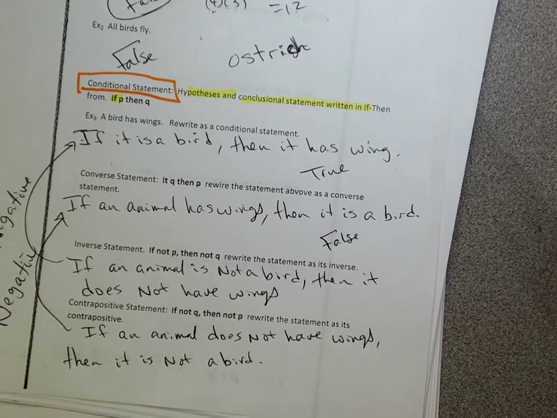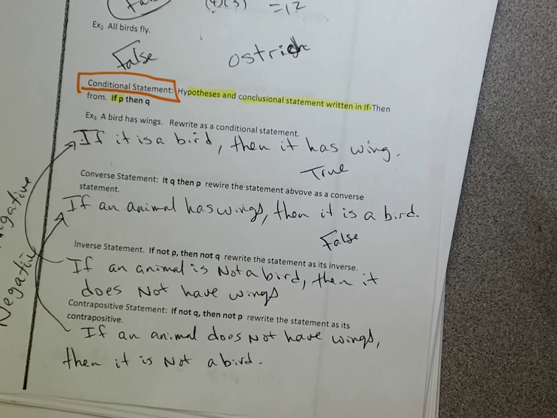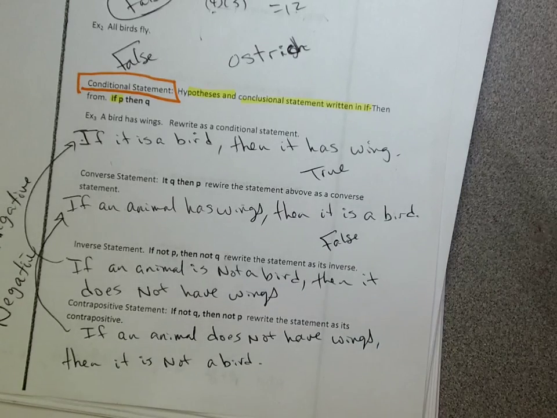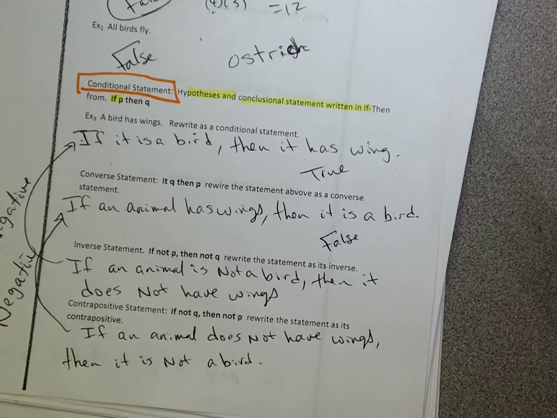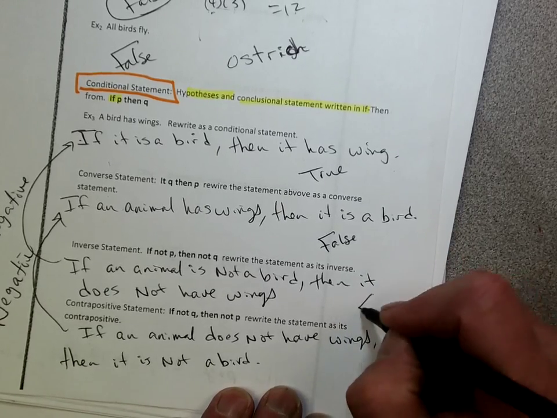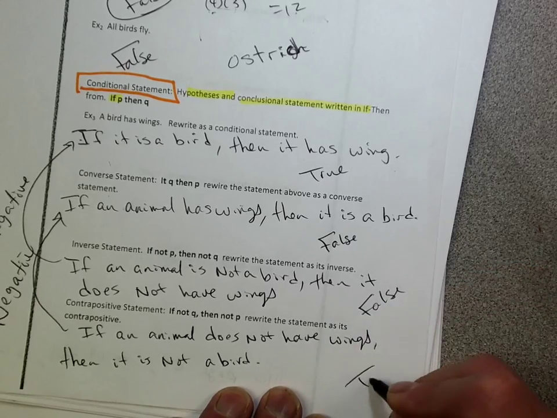That's not necessarily true either, is it? Yeah, it is, right? If it doesn't have wings, that's definitely not a bird because all birds have wings. I would agree with that. Yes, thank you, Claire. I stand corrected. I would agree with you on that one. So this one turned out to be false, but this one would be true.